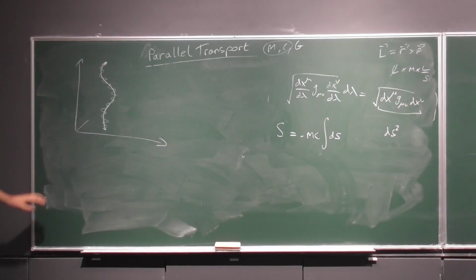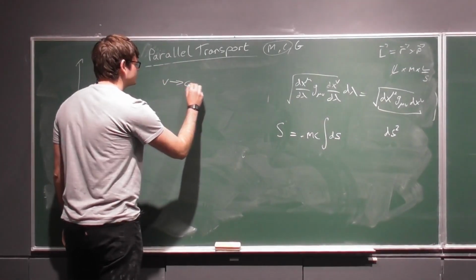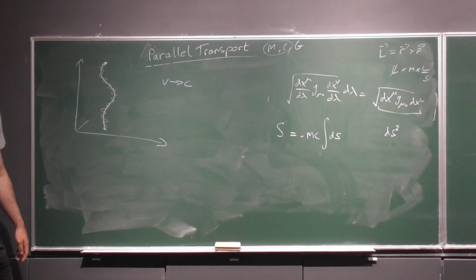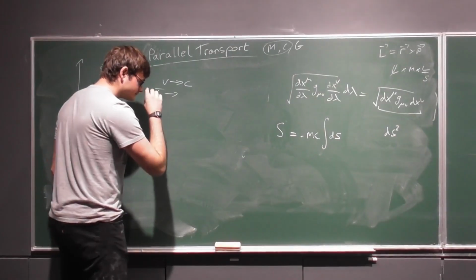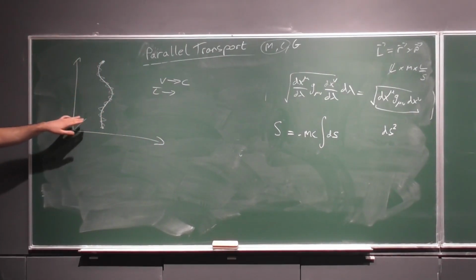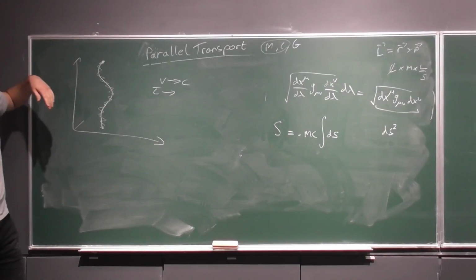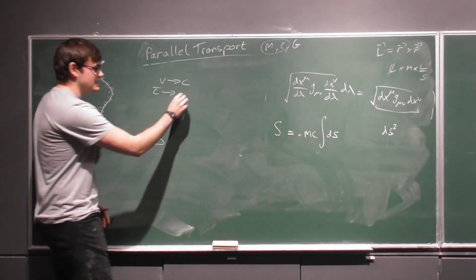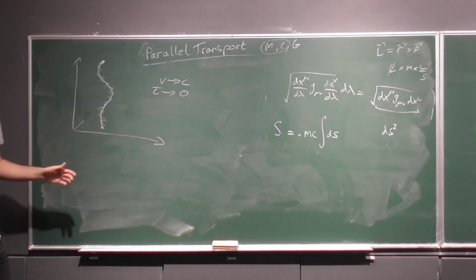Then I can remember that in the limit as your velocity goes towards c, your proper time gets increasingly small. Now, it's a little disingenuous to say that your proper time is 0 at the speed of light. It's just that our theory doesn't properly describe it then.